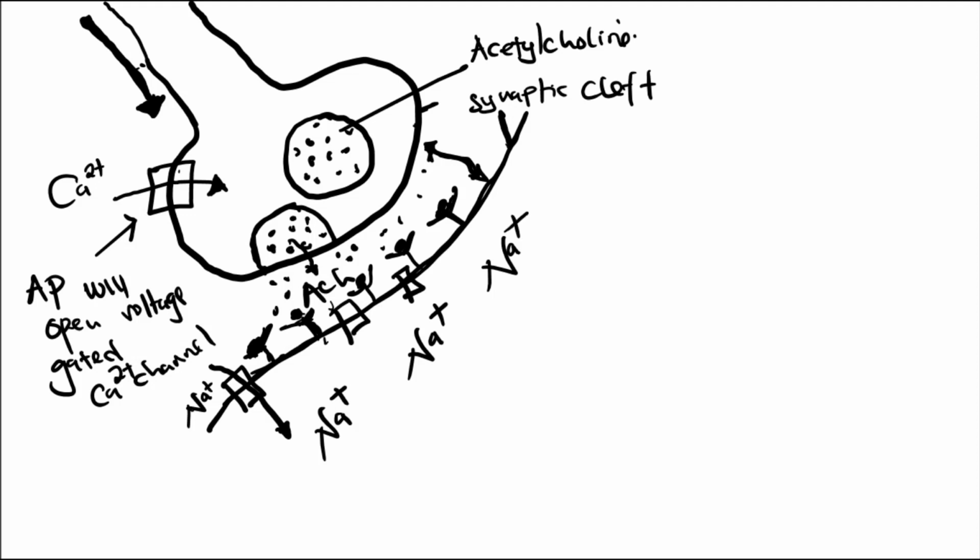When enough sodium enters the muscle cell, this muscle membrane here that is called the sarcolemma is going to depolarize, meaning that the resting membrane potential of the muscle cell is going to increase. It will shift from -90 to about -70, creating what we call an end plate potential.